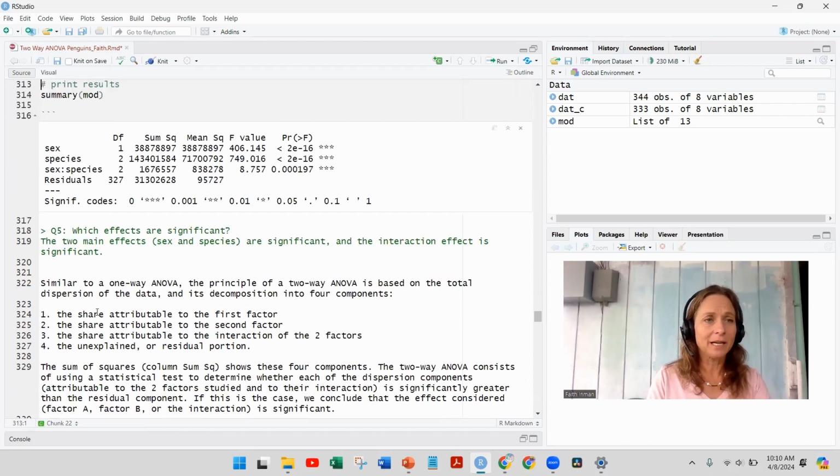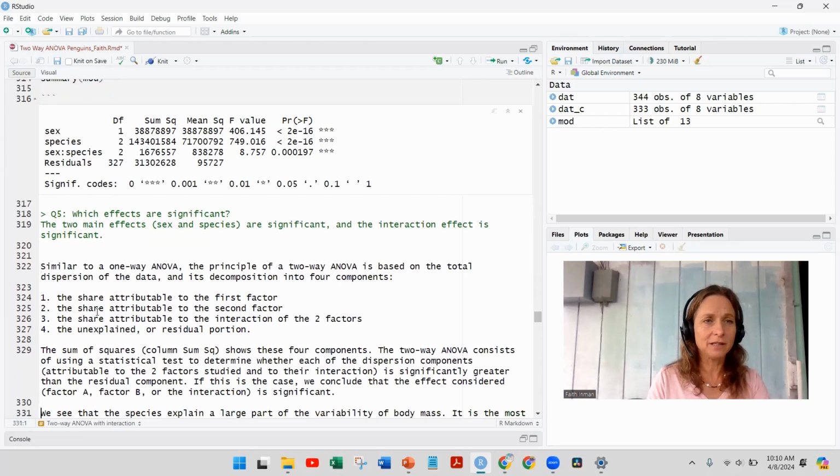Now, if you look up again at the results here, you'll see the sum of squares, right? The sum of squares column shows these four components.